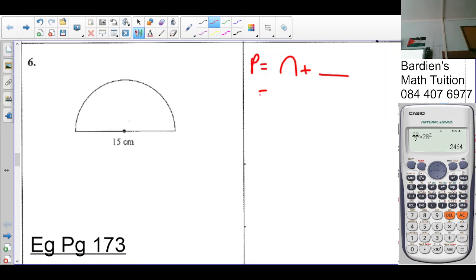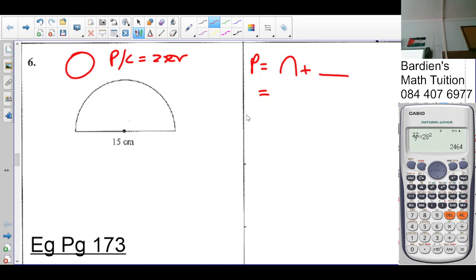So to calculate the perimeter of a circle, how do you calculate the perimeter or circumference of a circle? 2 pi r. Not so? So if it's half a circle, then of course it has to be half of 2 pi r. You guys understand?